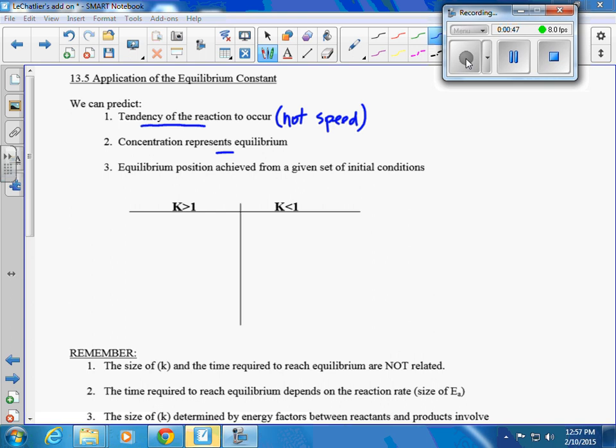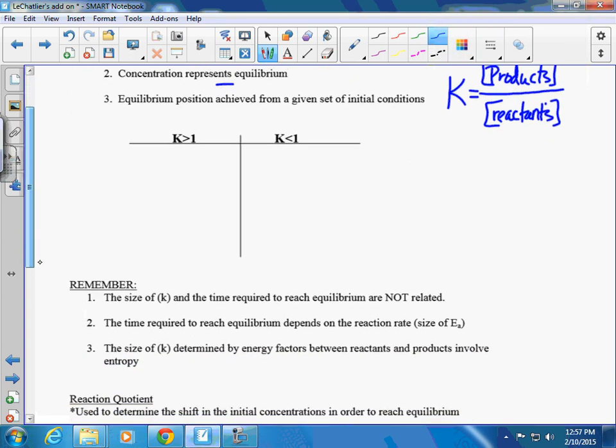And the other thing that we need to remember when we were talking about K, our equilibrium constant, is that it is equal to the concentration of our products over the concentration of our reactants. So, how are we going to understand this shift in terms of our equilibrium constant?